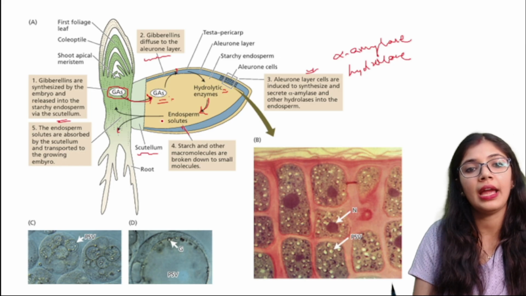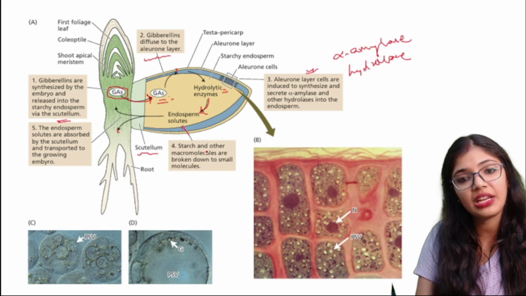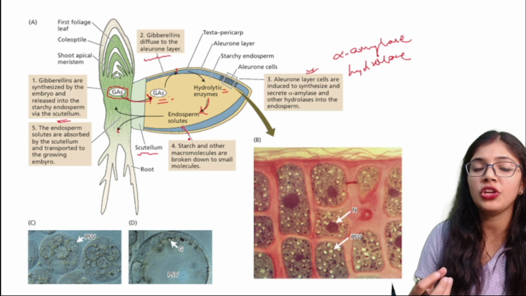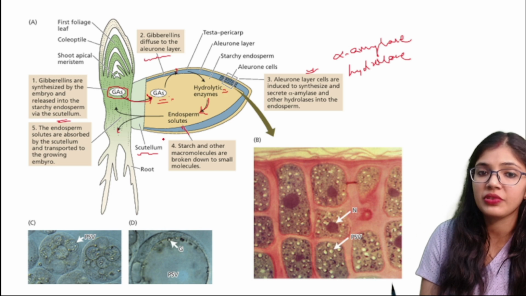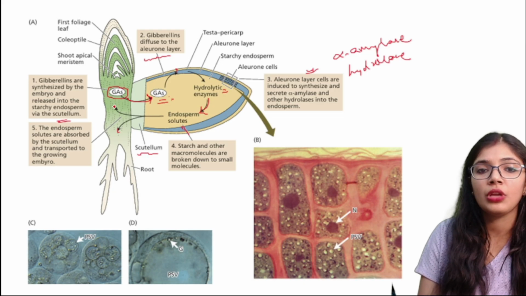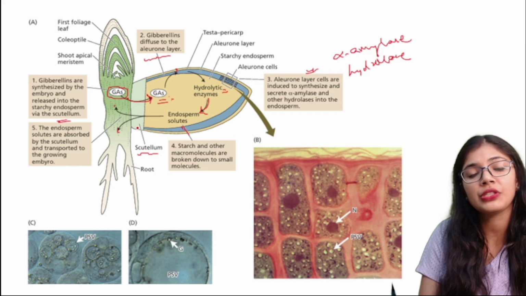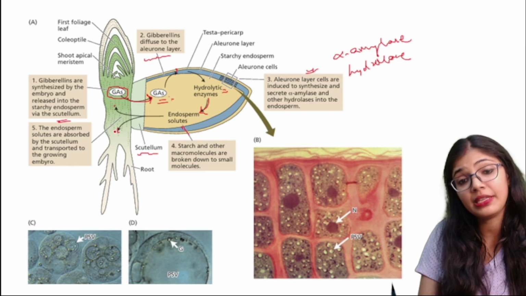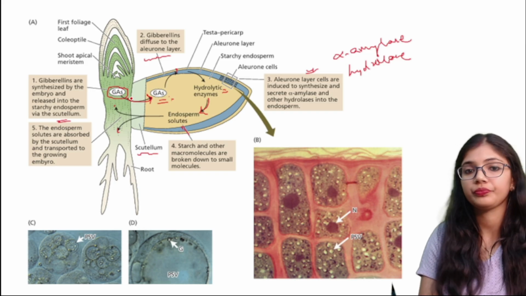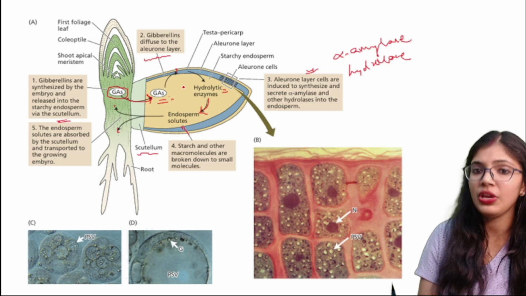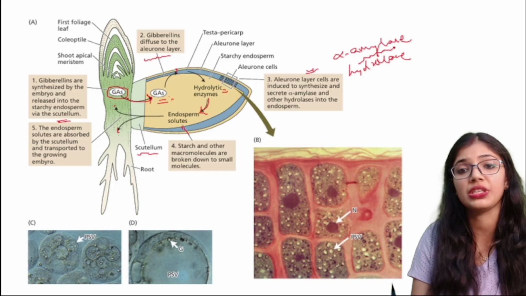So the starch is broken into small molecules so it can be easily absorbed, and it is transferred to the embryo by passing through the scutellum, to the growing embryo.